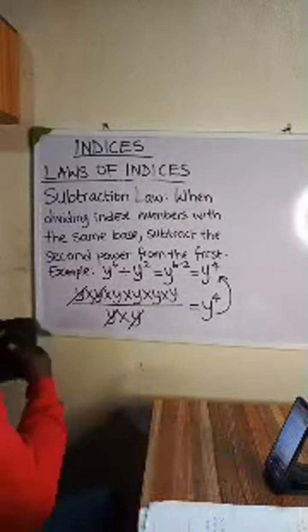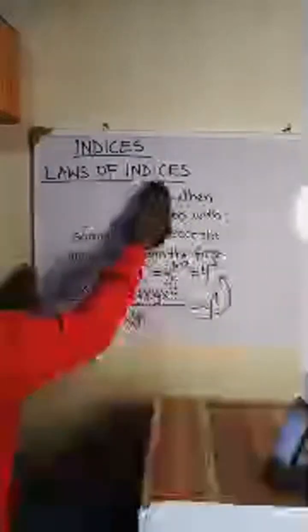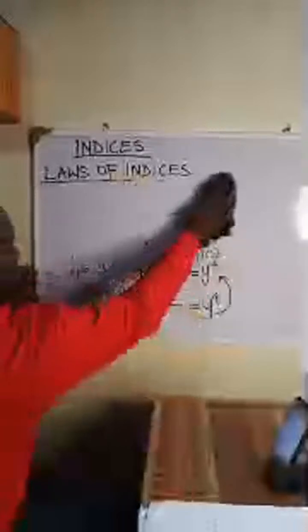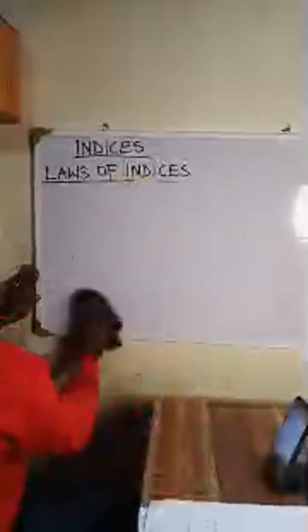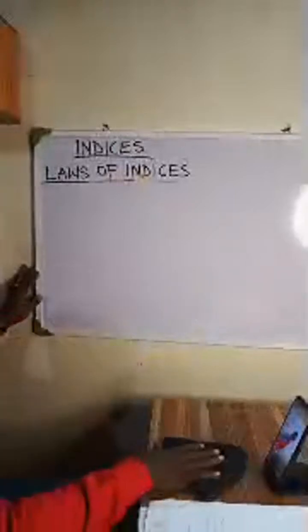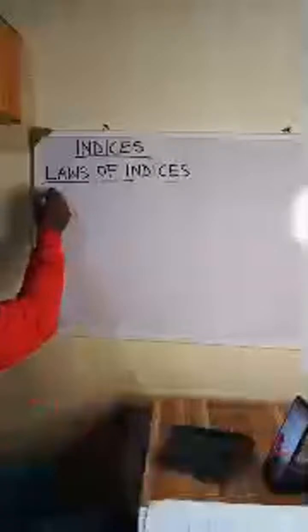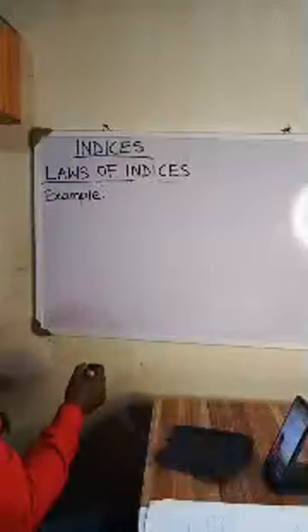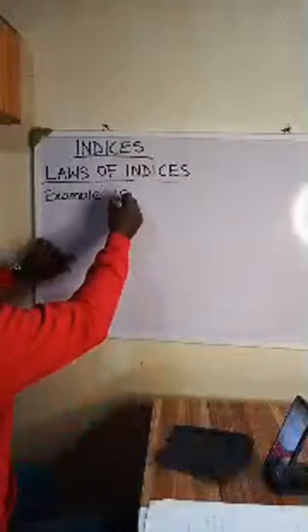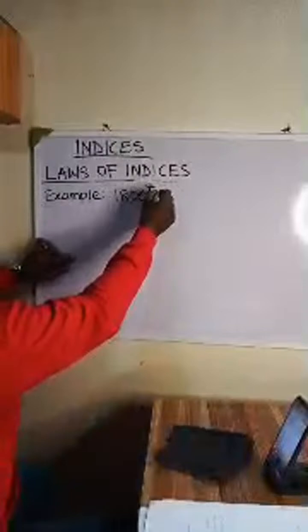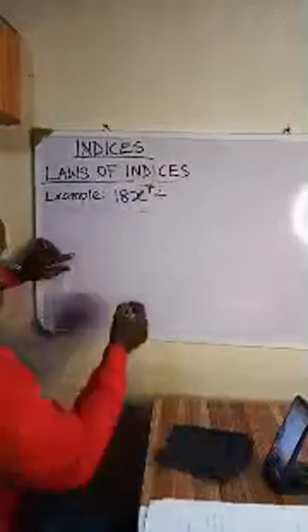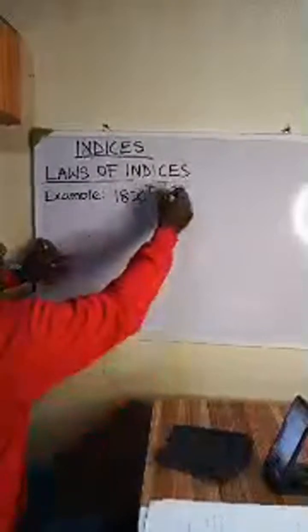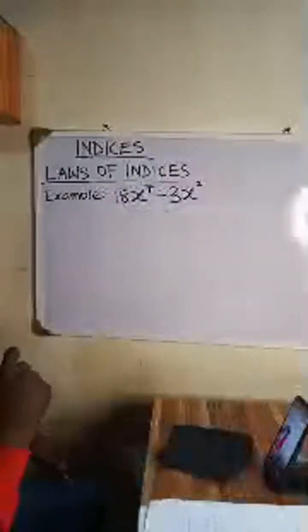So if you have 18x to the power of 7 divided by 3x to the power of 2.